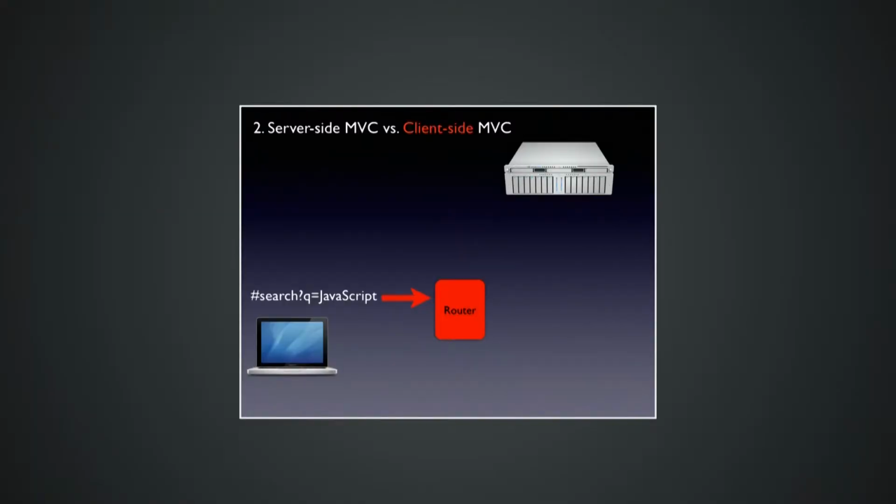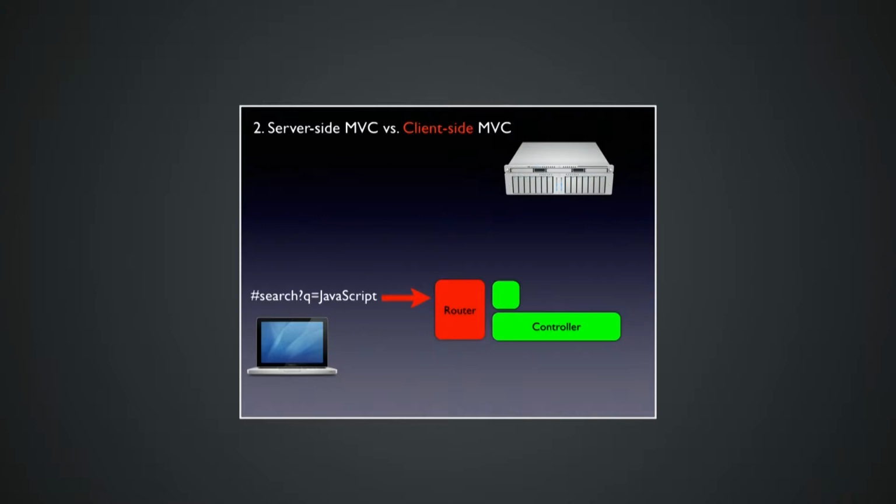So if that request is kept local, well, then we're going to need a local router. And that local router is going to be the one that determines which one of the local controllers it gets handed off to. Here's where it gets interesting, because that controller might have everything it needs to satisfy the request.